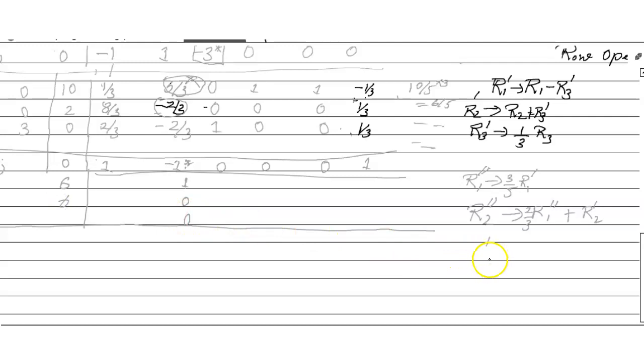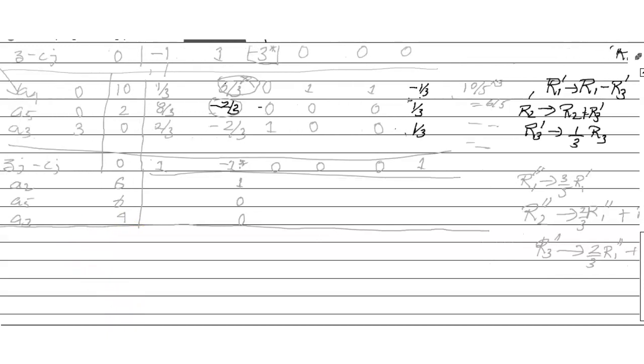and R3 double dash equals, same, 2 by 3 R1 double dash plus R3 dash. So this will also become 4.